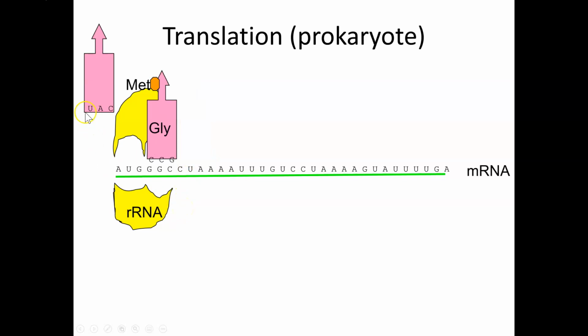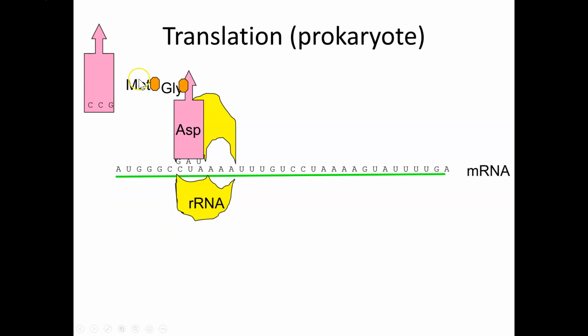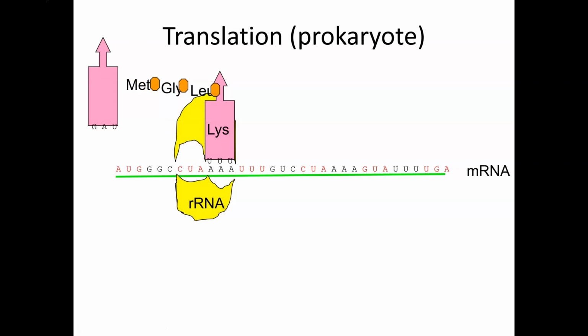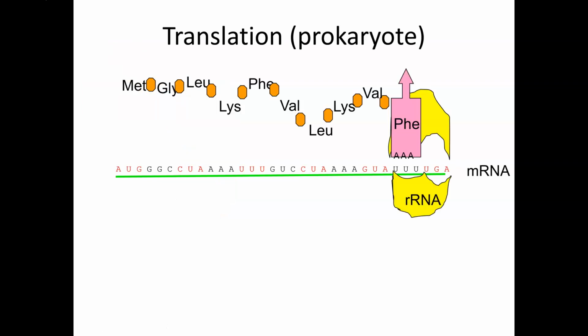And so now methionine leaves, or this transfer RNA leaves. Methionine is attached to this glycine, and this is going to keep going. Now we have another one, asparagine. They're both attached. And this keeps going until we hit that stop codon.